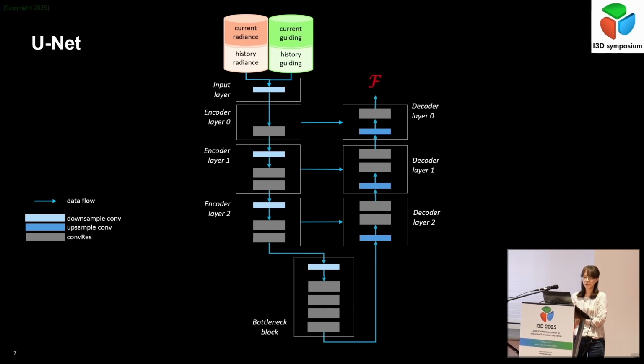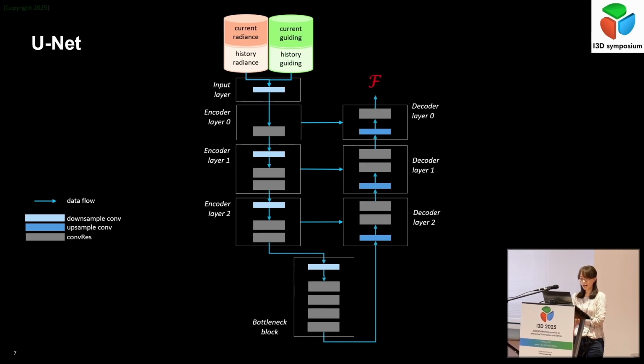The UNet is structured with multiple encoder and decoder layers. The encoder layer comes with a downsampling operation to reduce the spatial resolution of the feature maps. On the decoder side, it has an upsampling operation to reverse that spatial resolution. And in the middle, we have a bottleneck layer. This is the general UNet architecture.